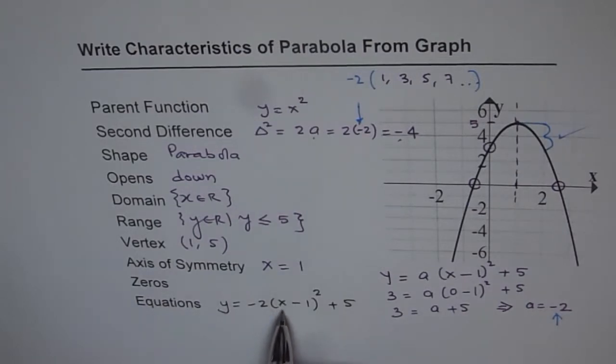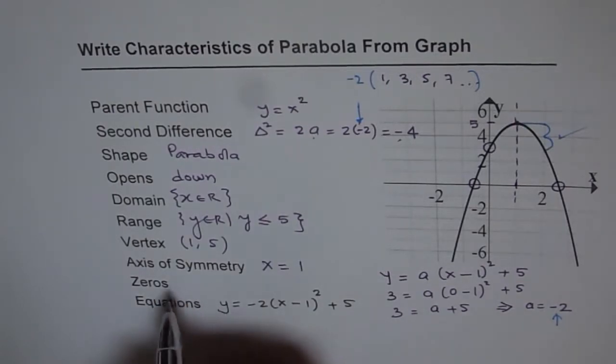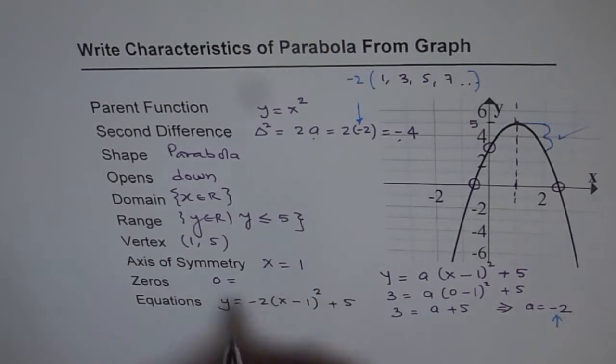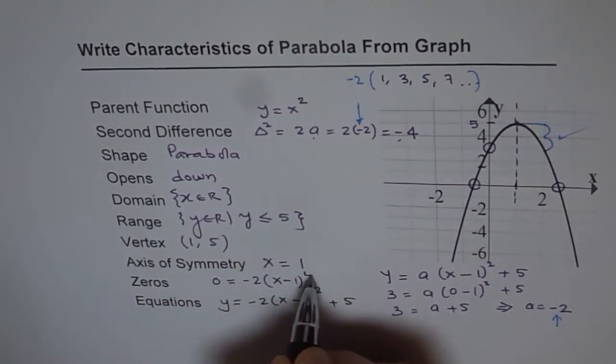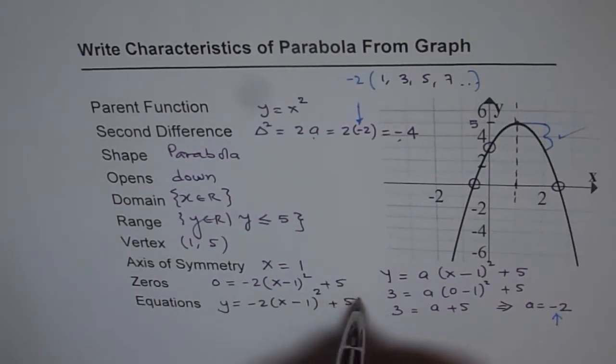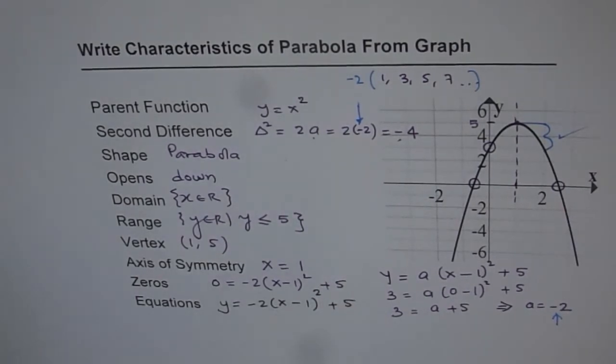How to find zeros? Zeros are the points of x where y is 0. So in this equation, put y equals 0 and then calculate. What I'm trying to say is solve this equation: 0 equals minus 2 times (x minus 1) whole squared plus 5. When you solve this equation, you will get your zeros. How to solve it?